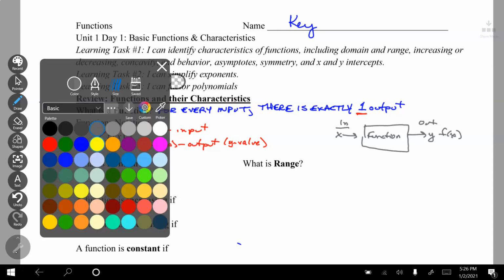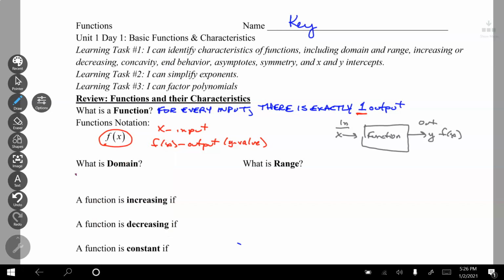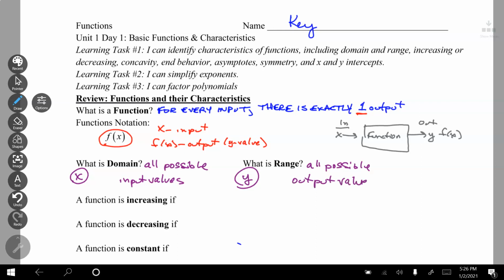So what do we mean when we say domain and range? Domain is the x values, all possible input values. My range are my y values or my f of x values, and they're all the possible output values.